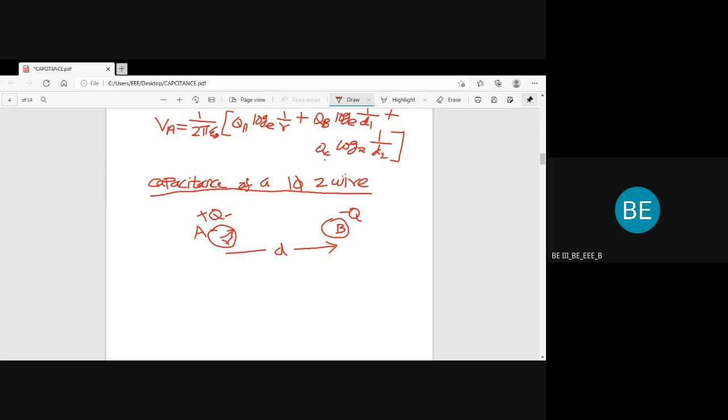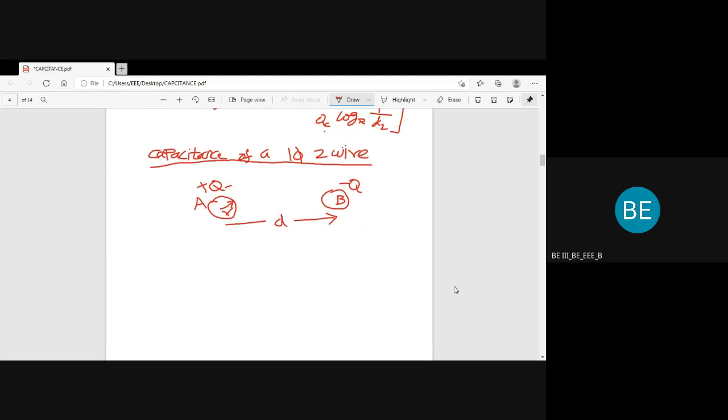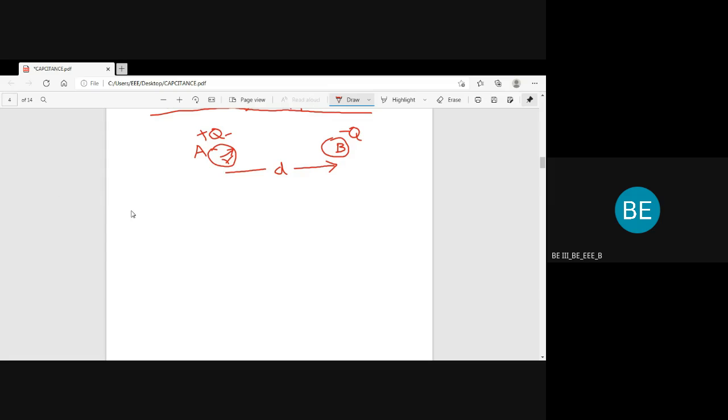So we have to find the potential of conductor A, VA. We can have two options. One will be through self charge, another one through the other conductor. So integral r to infinity, the charge will be plus q divided by 2 pi x sigma naught dx.